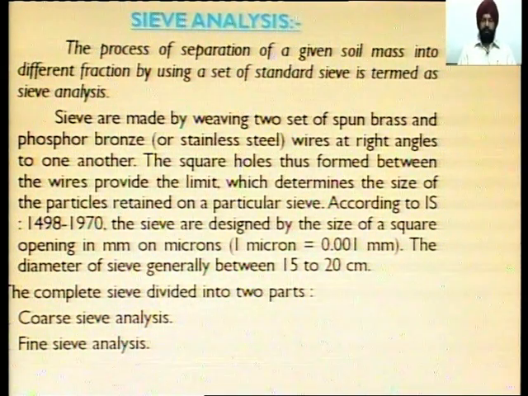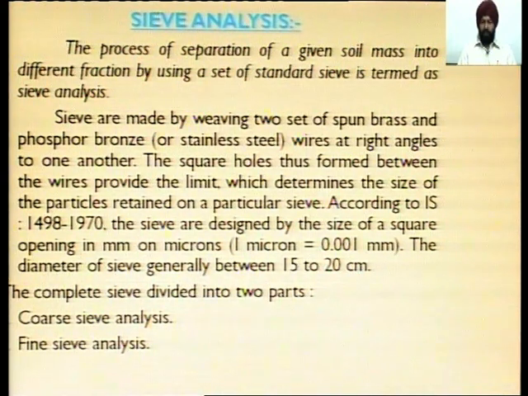Sieves are made by weaving two sets of spun brass and phosphor bronze or stainless steel wires at right angles to one another. The square holes thus formed between the wires provide the limit which determines the size of the particles retained on a particular sieve.